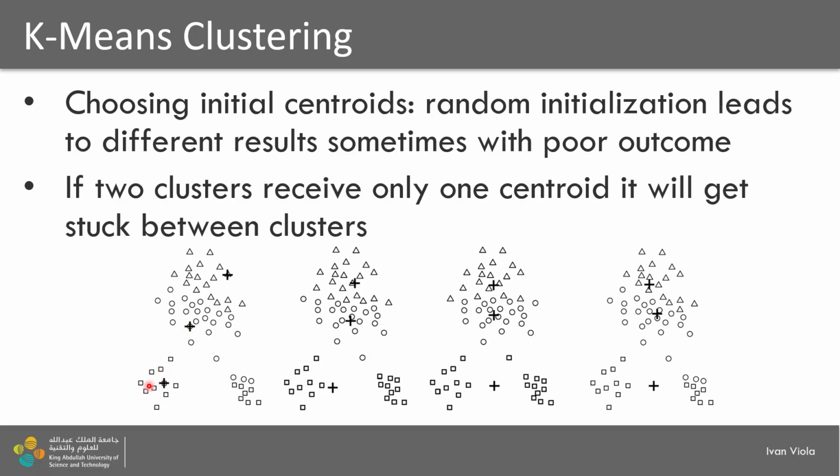So as this centroid here is also a centroid for these points, it will be dragged out of the center of this cluster here into this middle space between these two.